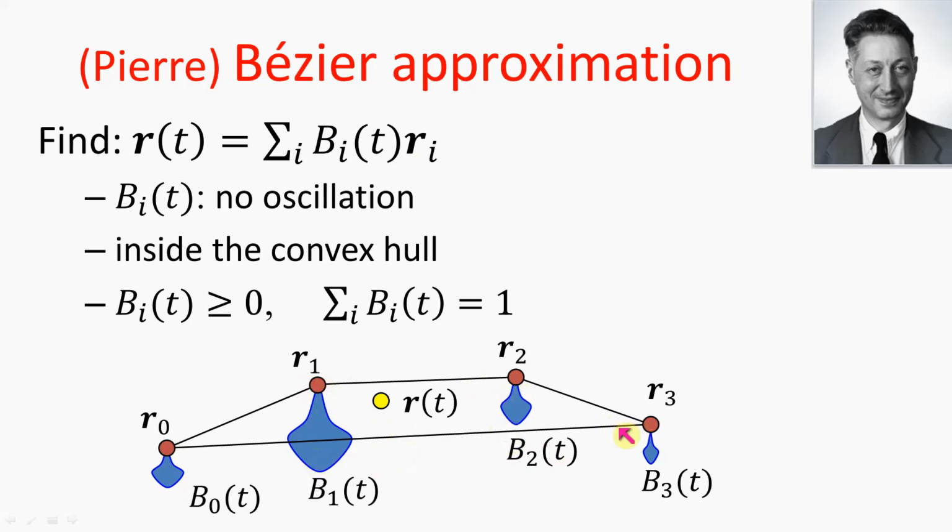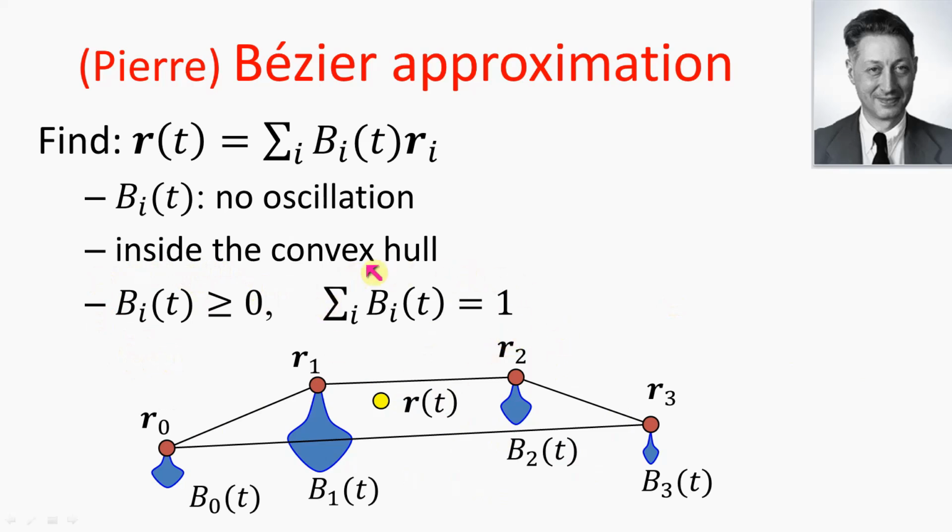If all weights are non-negative, then the center of mass must be in the convex hull of the control points, and it also suggests that the curve will be free of unjustified oscillation which would go out of the convex hull. So our objective is to find a set of weighting functions Bi that guarantee two properties.